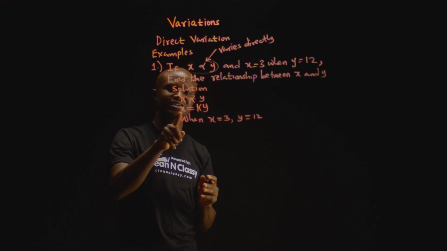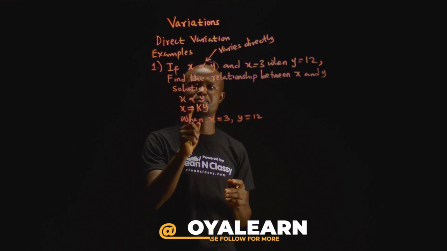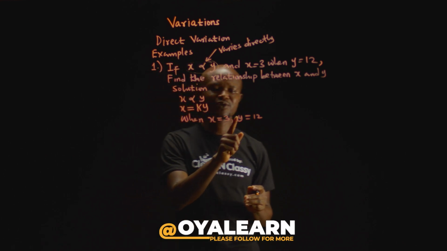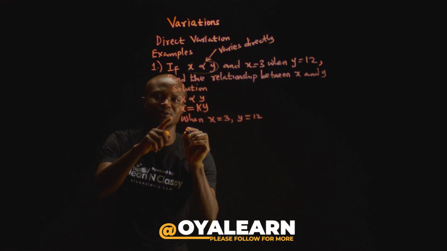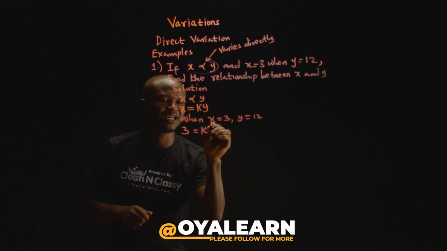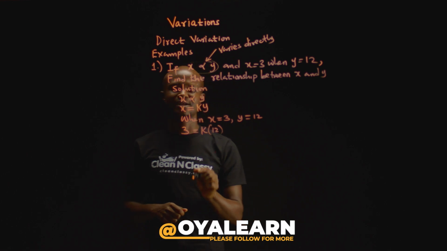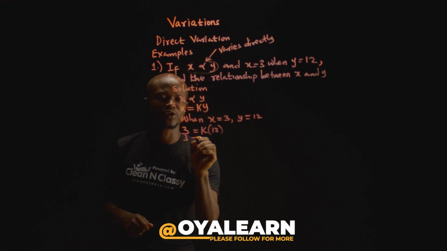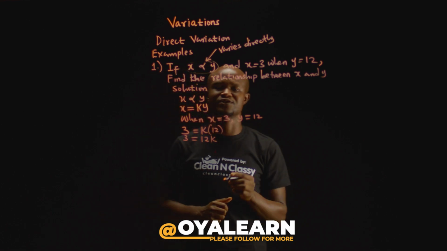From this equation, anywhere you see x, we put 3, and anywhere we see y, we put in 12. So we substitute. It means 3 equals k into 12. Now, 3 equals 12k. k times 12 is 12k.